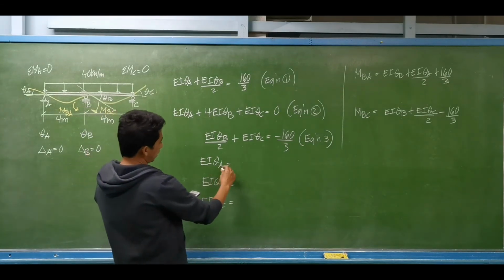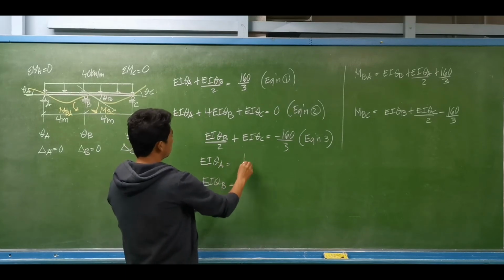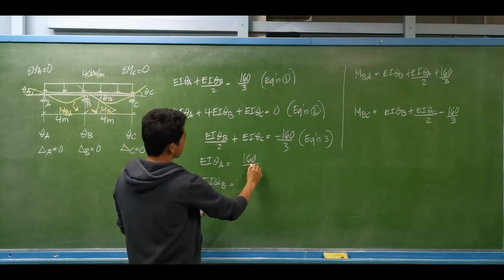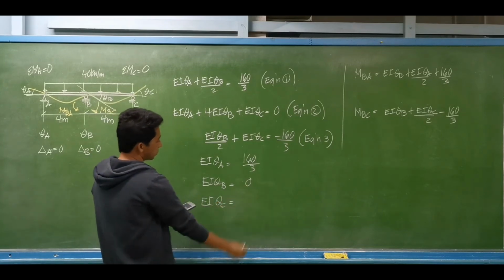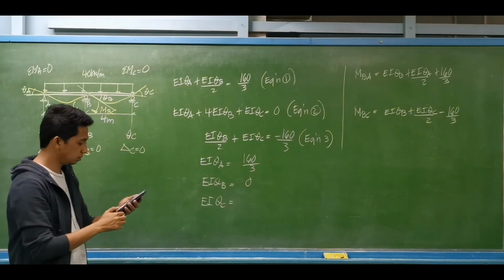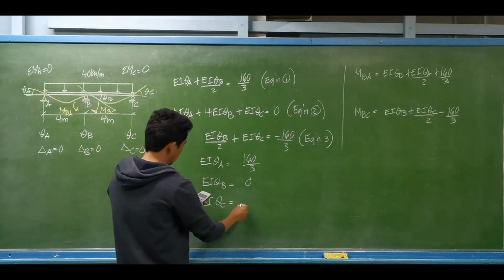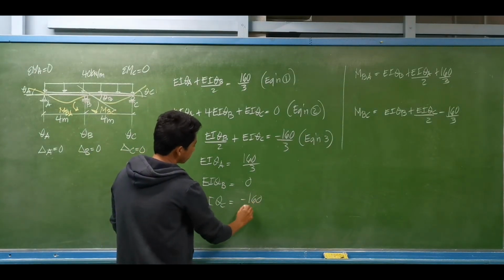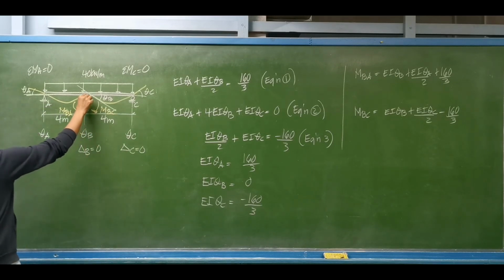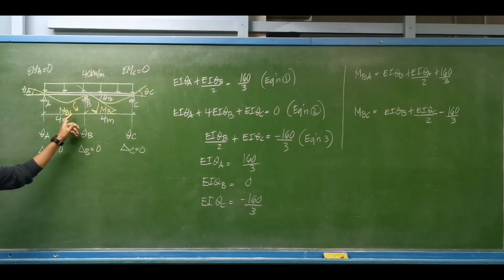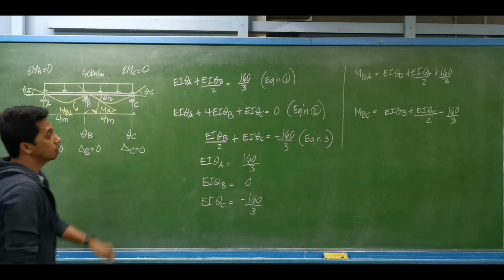So the equivalent of EI theta A is equal to 160 over 3. Then theta B is 0. Then EI theta C is equal to negative 160 over 3. Since we are computing for the moment at B, you need to consider these two spans, moment BA and moment BC.